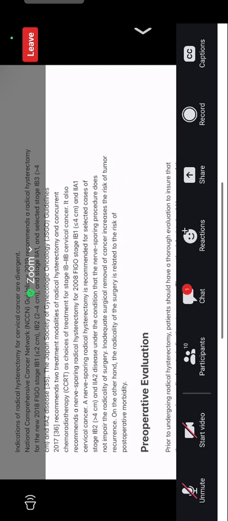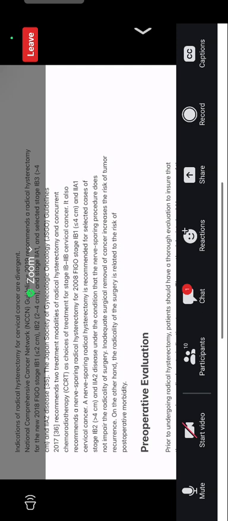The indication of radical hysterectomy. Initially, the indication was only for cervical cancers. Later, it came into the hysterectomy for bladder and uterus also.